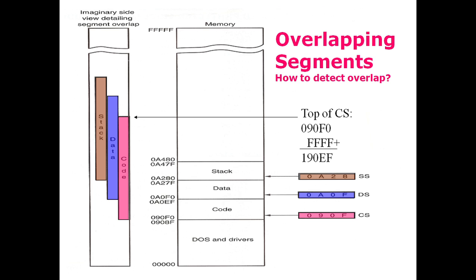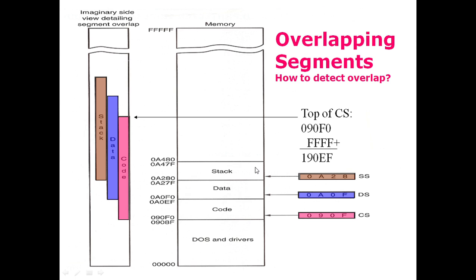So by adding FFFF to the starting address of the segment, we will get the last address within that segment. In this example, when the code segment has 090F, as 0 is appended, this becomes the starting address of the code segment, and the maximum limit, which is FFFF, is added to this starting address. We will get 190EF, which is the final address or the last address of the code segment.